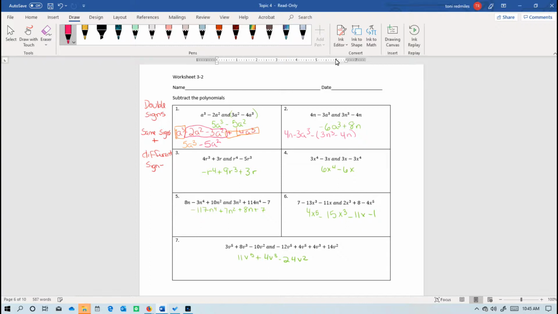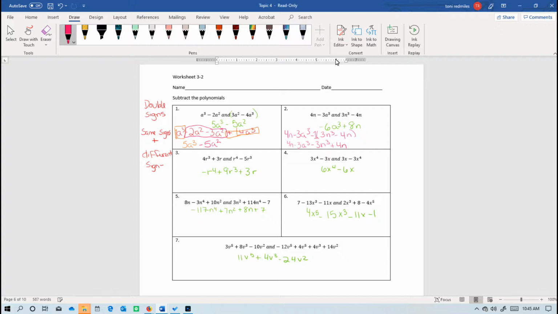Okay, so just like in distributing, when you did combining like terms but you did distributing with it, you got to put a 1 there. It's a negative 1 being distributed through the second term, and what it's going to do is change the signs. Because a negative 1 times a negative 3n to the third is going to give me a negative 3n to the third. A negative 1 times a negative 4n is going to give me positive 4n.